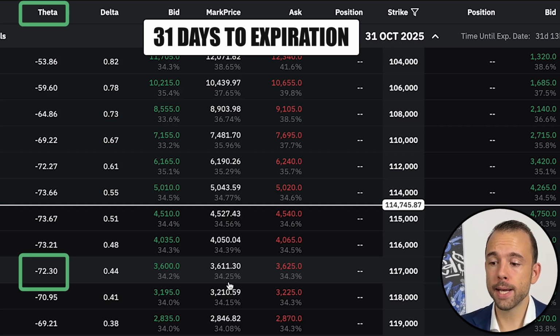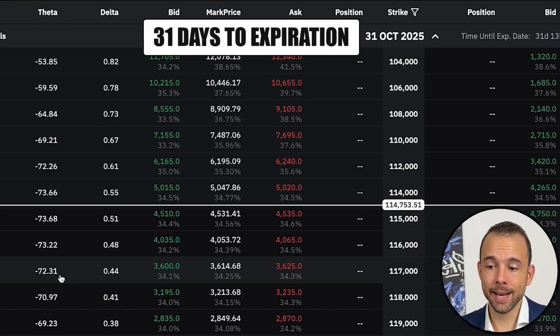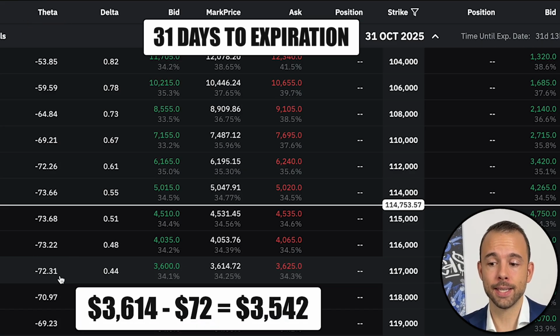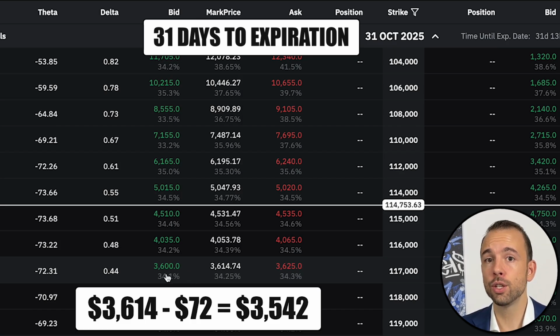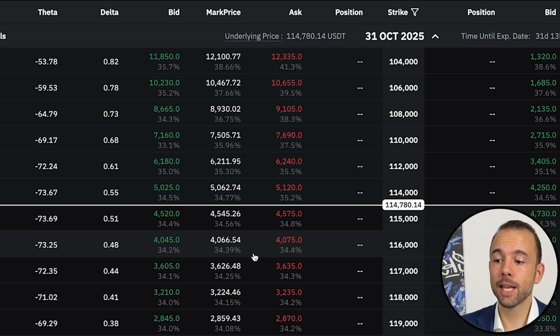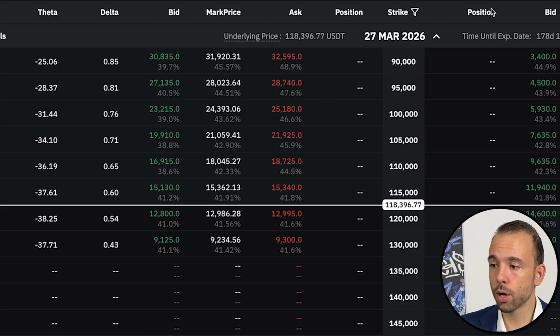So the option price is equal to $3,600 and the theta is equal to $72. That means, if everything stays the same, tomorrow this option will lose $72.